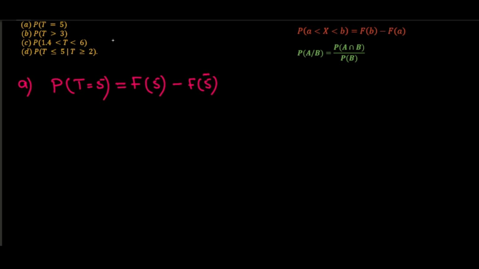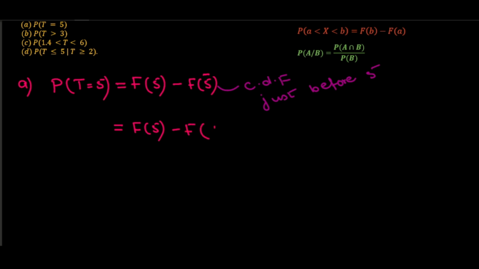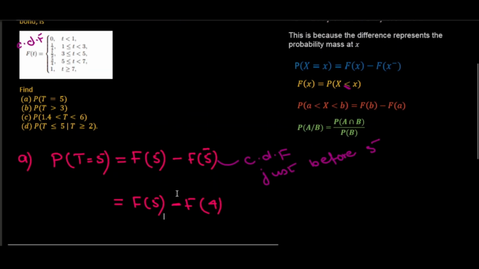Remember, it is the CDF just before 5. So CDF just before 5 is F of 4. Before 5, we have this value.